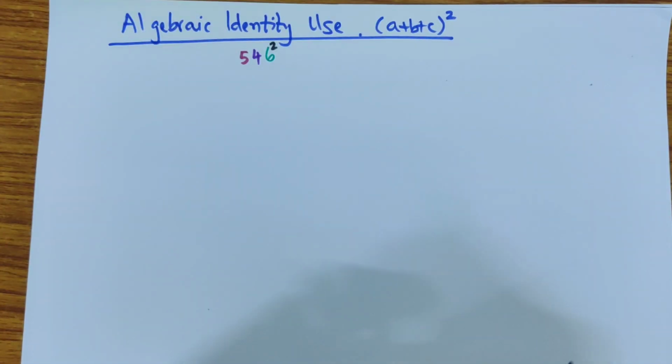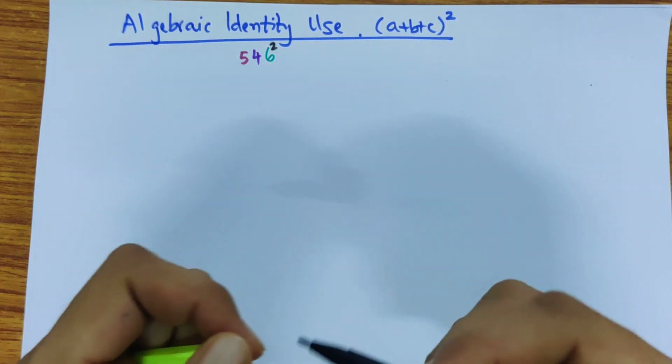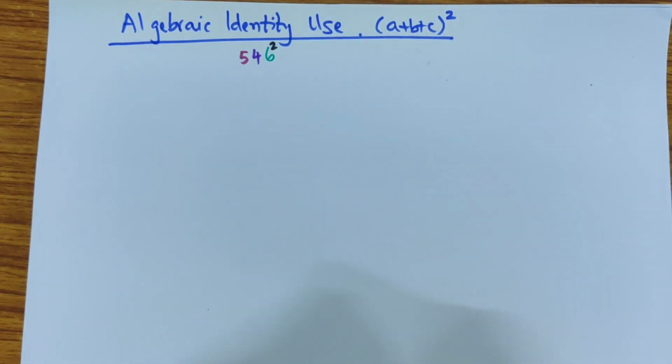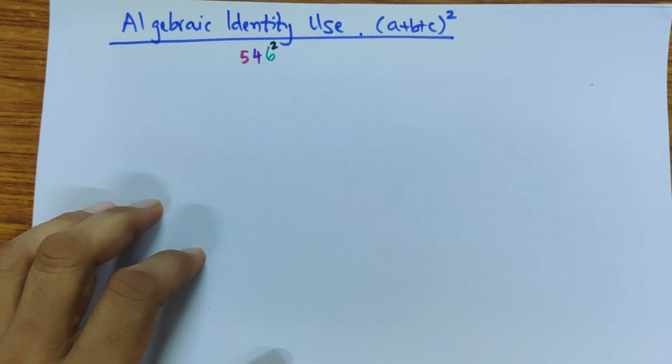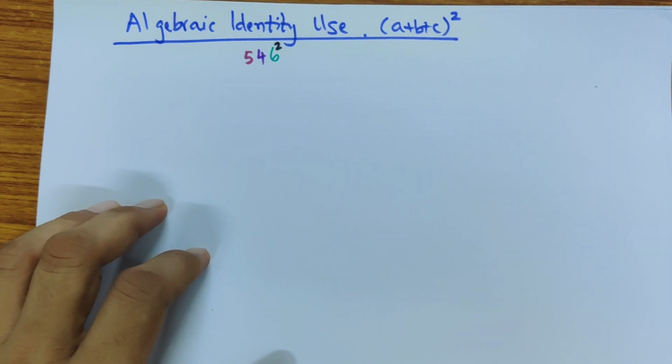And how do I use the algebraic identity to do the square? I'm going to extend the square method that we had in order to do it. So the first thing I'm going to do is rewrite this as ABC.